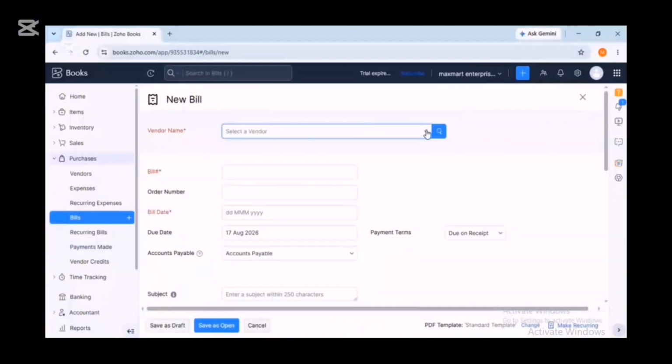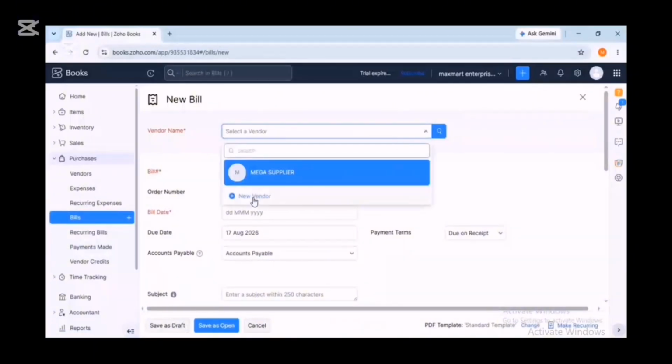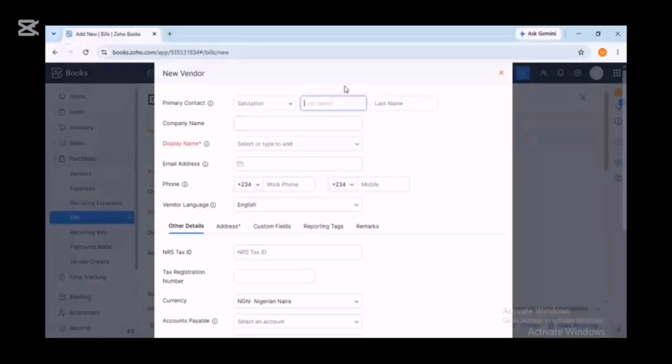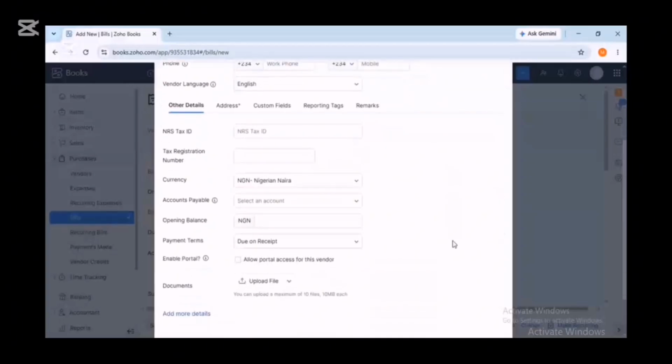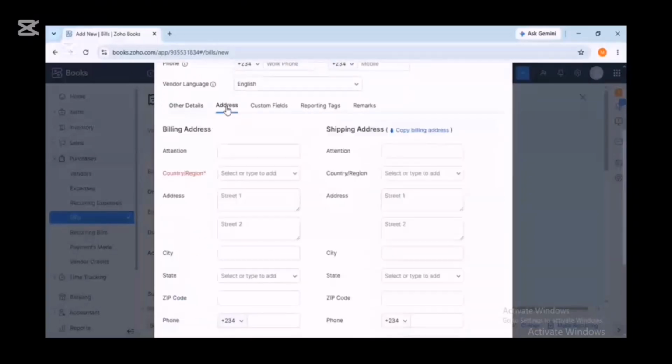So let's add vendor. It's not added yet. Prime Distributor. That's right. So we must select his address, his region where he stays, Nigeria. The important thing is that the transactions are verifiable and they are not duplicated.